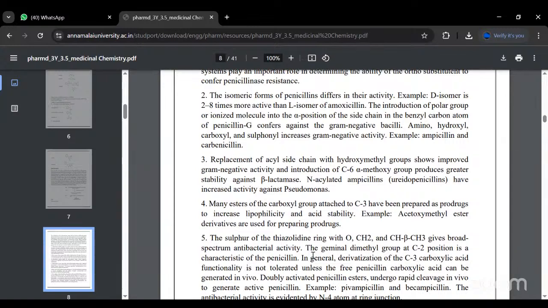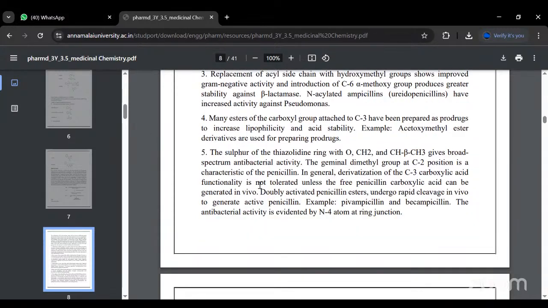Many esters of the carboxylic group at the C3 attachment have been prepared as prodrugs to increase lipophilicity and acid stability. For example, acetoxymethyl ester derivatives are used for preparing prodrugs.